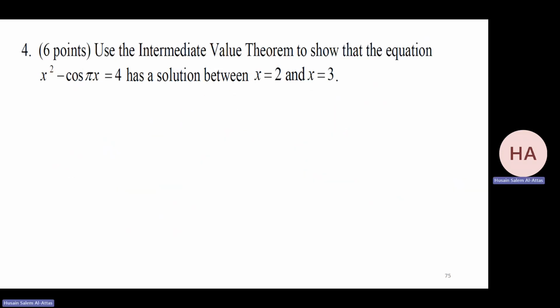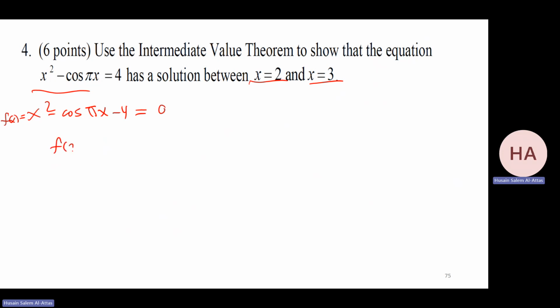Use the intermediate value theorem to show that the equation has a solution between x equal 2 and x equal 3. What is the function? Since it's written, that will be my function. I want to check equal to 0. This is my function, and this is equal to 0.